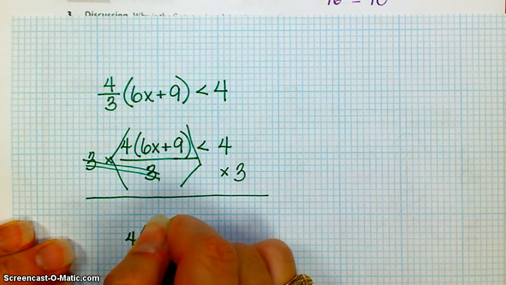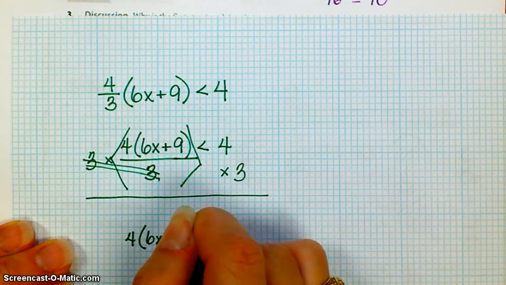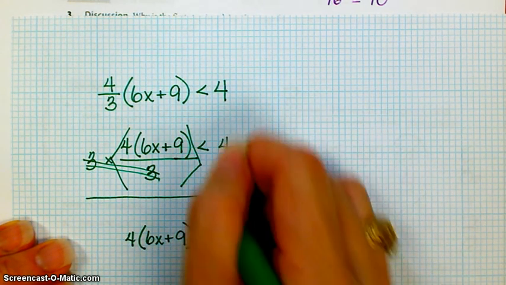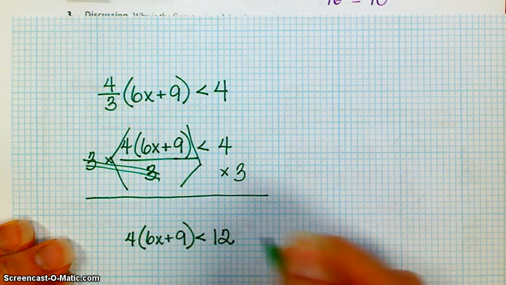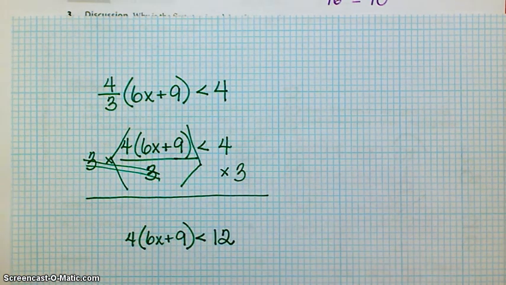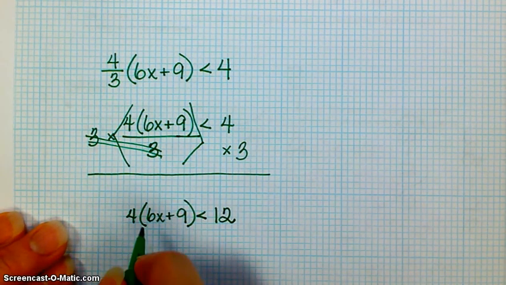So now I just have 4 times 6x plus 9, close my parentheses. And then I multiplied everything over here by 3 also, so that's 12. And then I can just deal with this inequality the way I normally would.